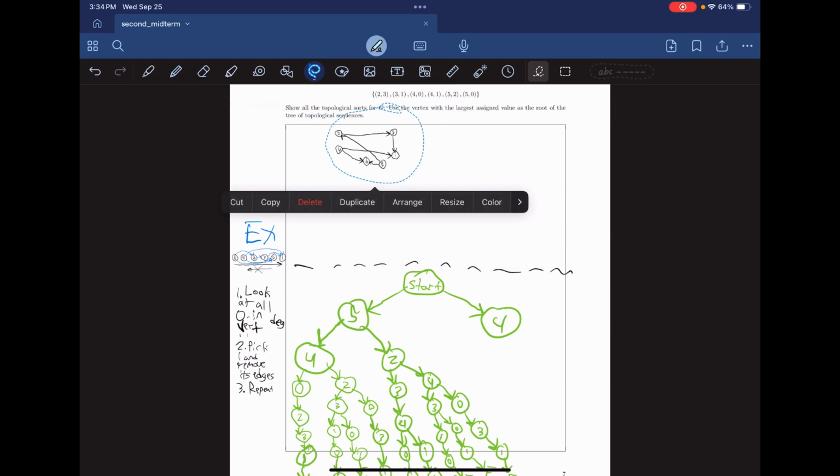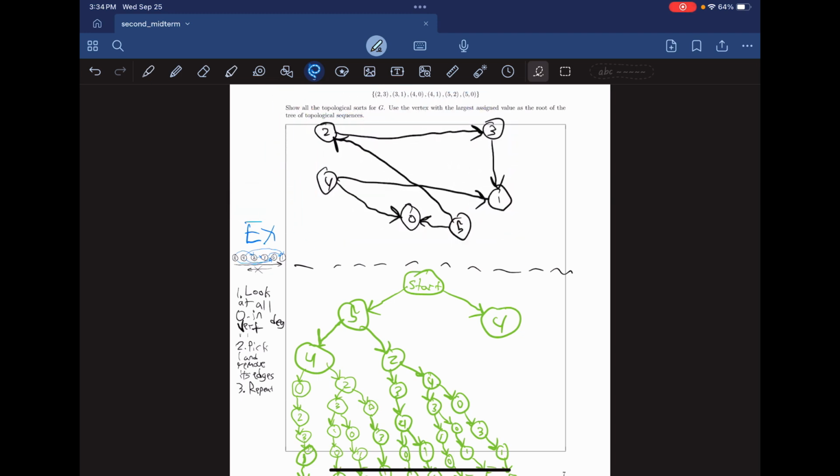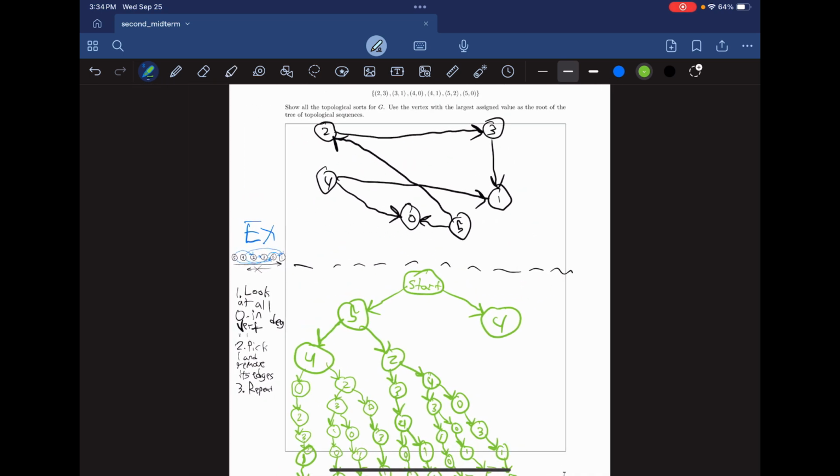We'll definitely look at the graph, but we will not cross things out, as to not make this video take longer than it needs to, because I'm guessing that you guys have the whole hang of this by now. And if you haven't, go back and watch the first part of the video where we're doing these topological sorts for the first time, and hopefully it'll start to make more sense.